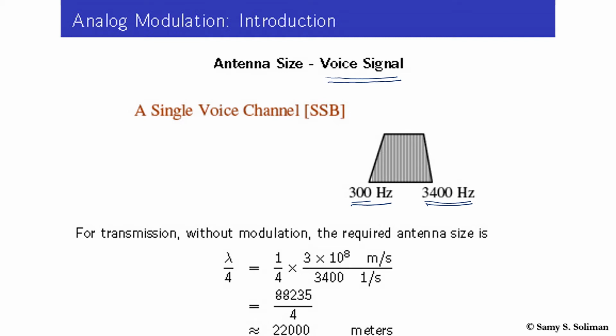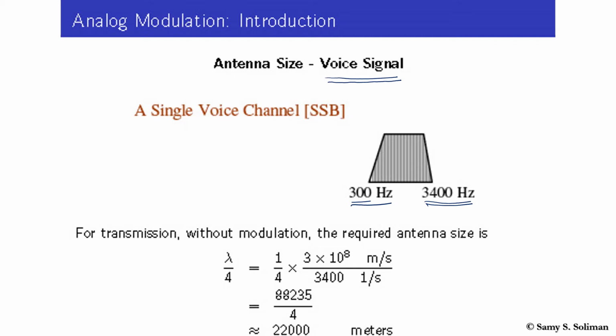Sometimes we consider that the highest frequency in a natural voice signal is 4 kHz. So in order to communicate a voice signal whose frequency range is from 300 Hz to 3.4 kHz, we need an antenna whose size is proportional to the wavelength of such a signal.